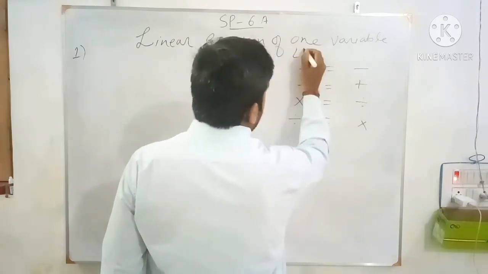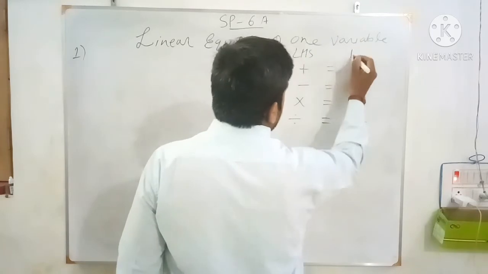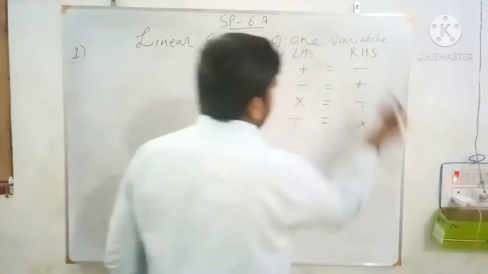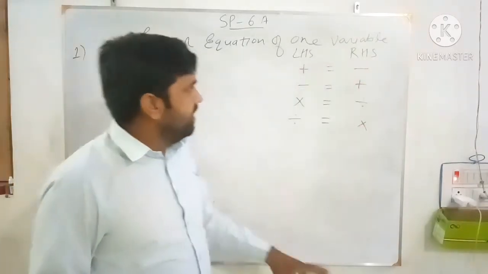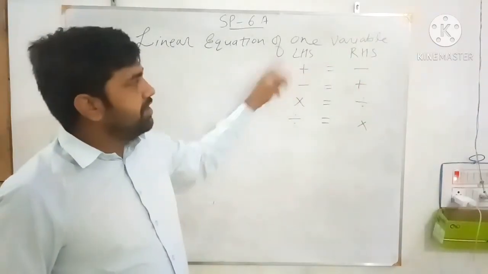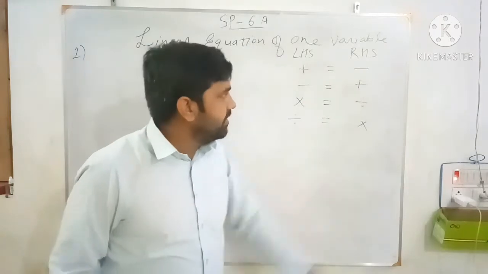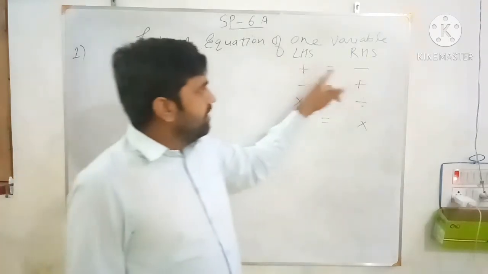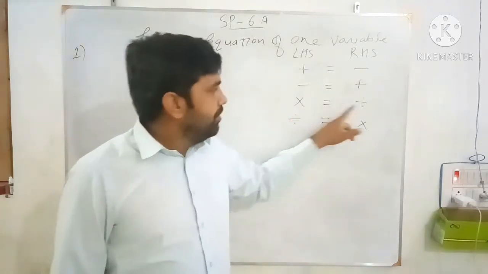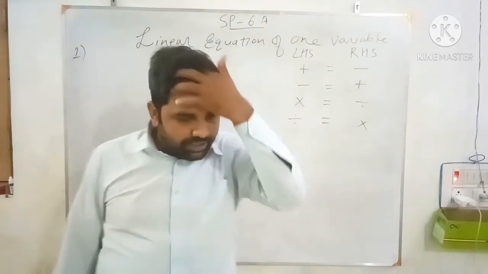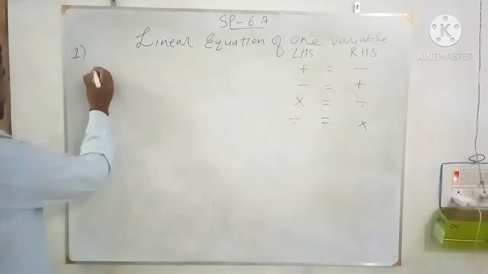This is the left hand side and this is the right hand side. Whenever you transpose any term from the left hand side to the right hand side, the sign of the term will be changed. Plus will be converted into minus, minus will be converted into plus, multiply will be converted into division, and division will be converted into multiply. Now we see the next question D.